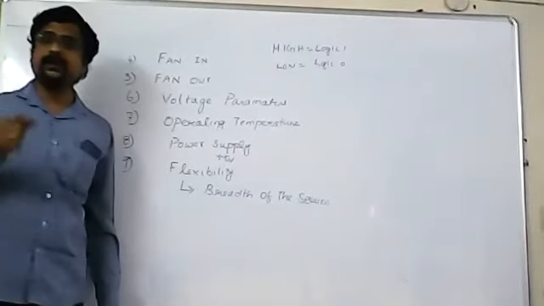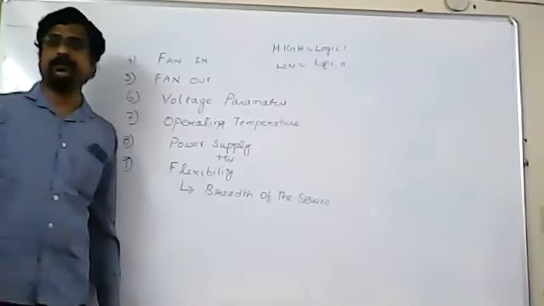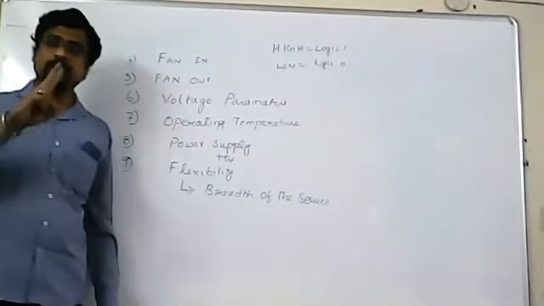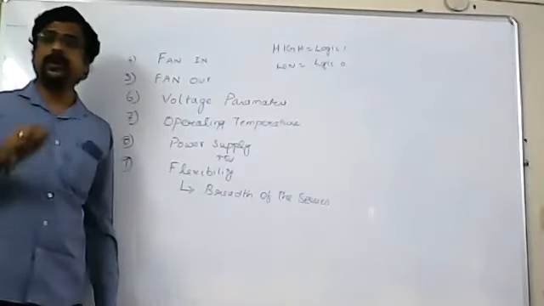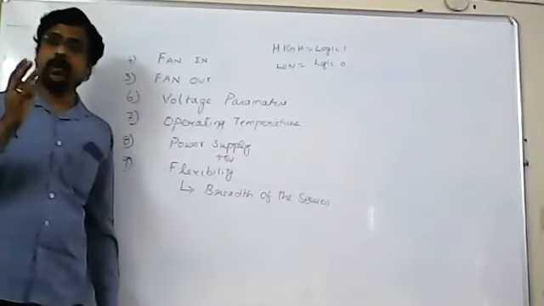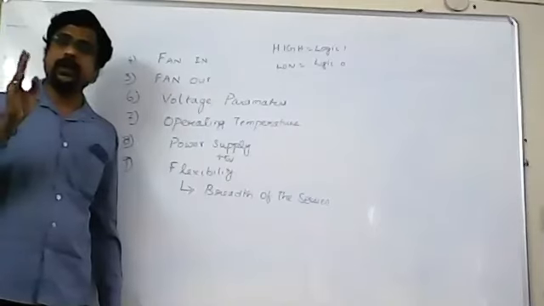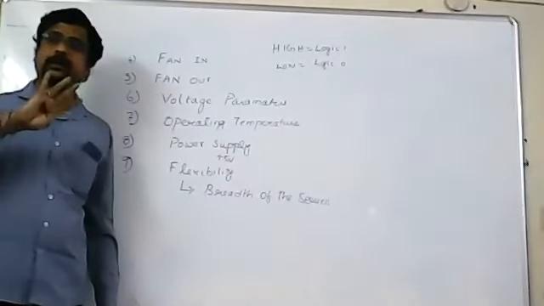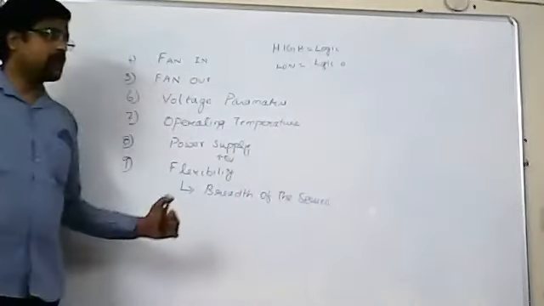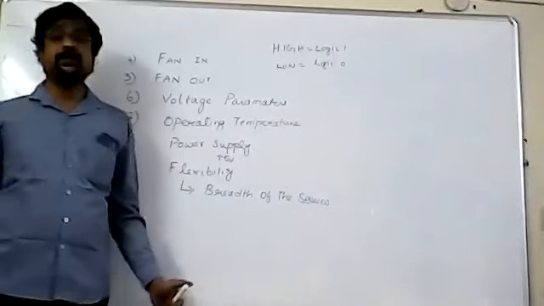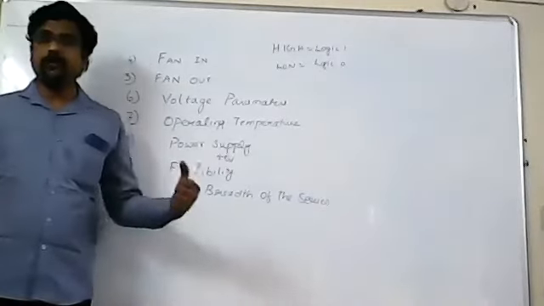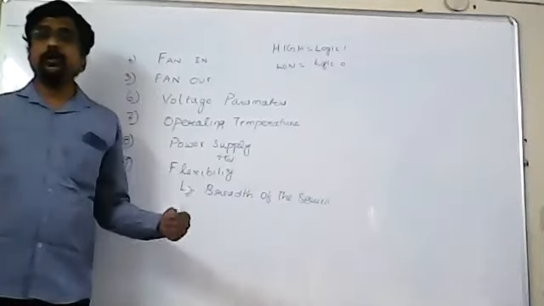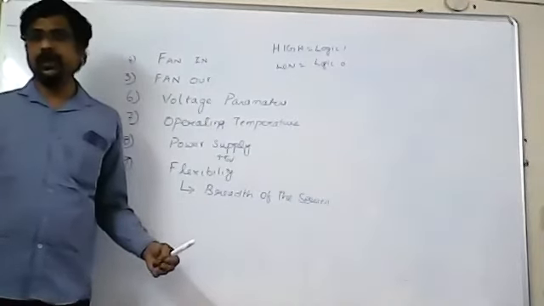For example, if I can design an OR gate and an AND gate, so what is my breadth? Only 2. If I can design AND gate, OR gate, NOT gate, and XOR gate, what is my breadth? 4. So breadth of the series defines how many number of logical functions you can design.